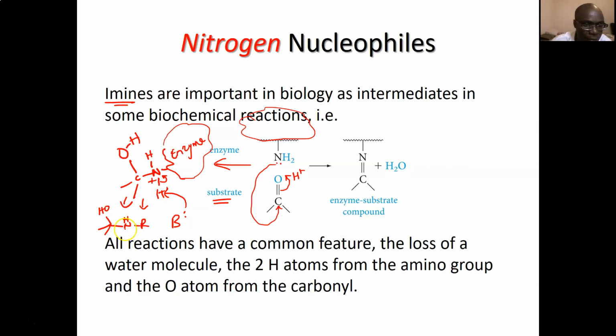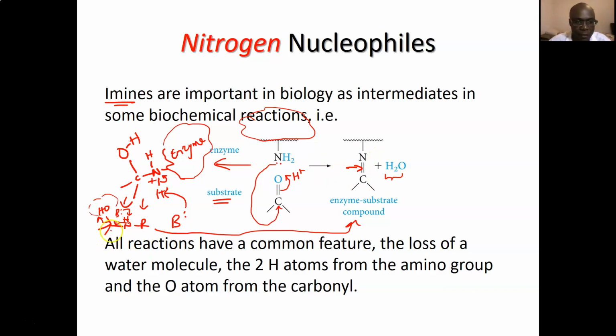And now this one can undergo elimination of water to give you that, because like I said, a base can take out this hydrogen and then use the bond to make a double bond, and then this falls off. That's how you make the double bond between the nitrogen and the carbon. The OH is gone, the hydrogen is gone, so you lose water.